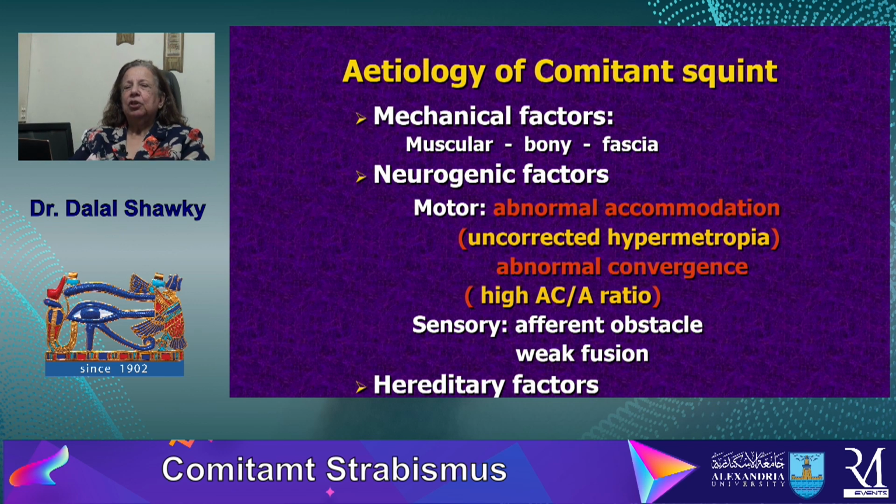But some patients have an abnormally high AC/A ratio, leading to more convergence and convergent squint or esotropia. Sensory causes include an afferent obstacle, as in weak vision in one eye, and also weakness in the fusion center of the brain. Also, we have to remember that there are hereditary factors.